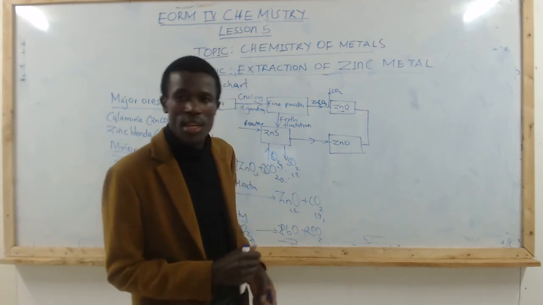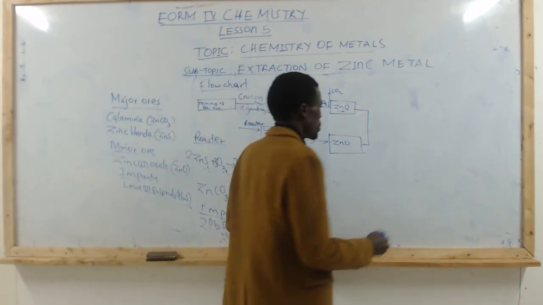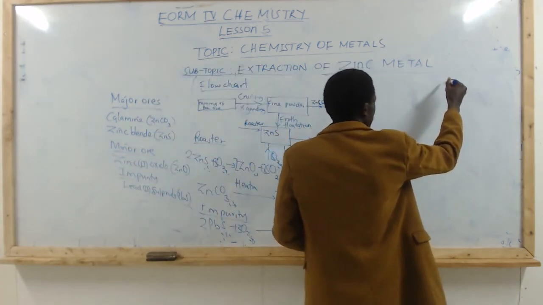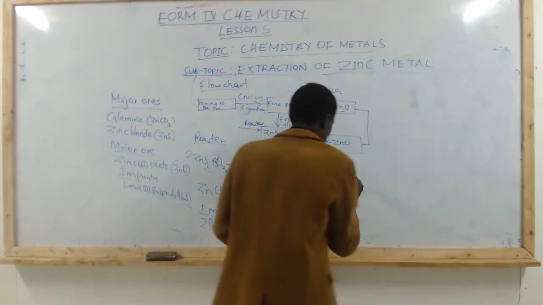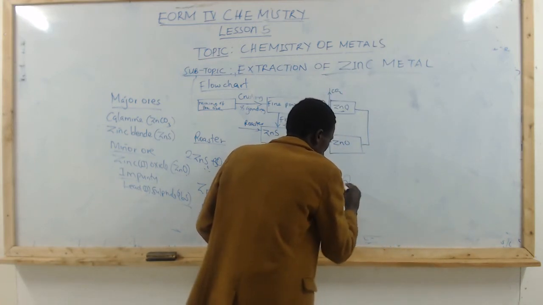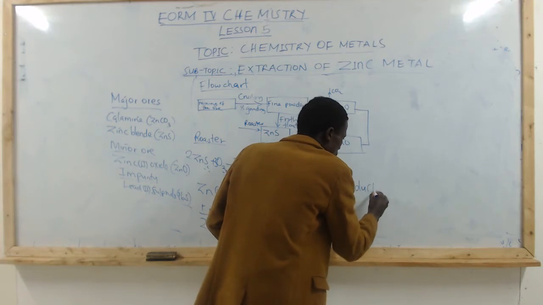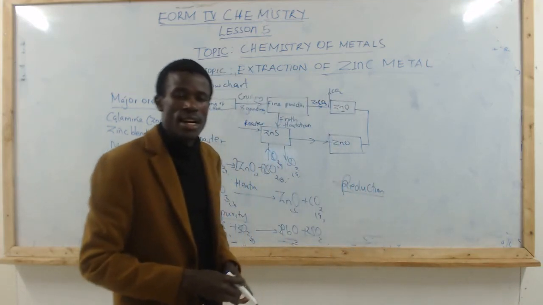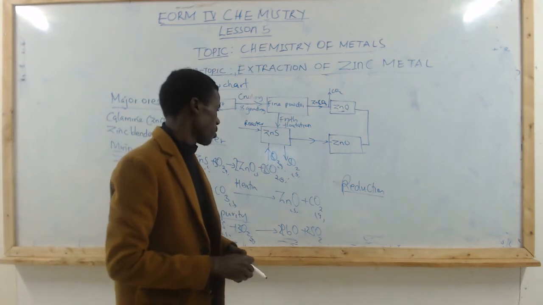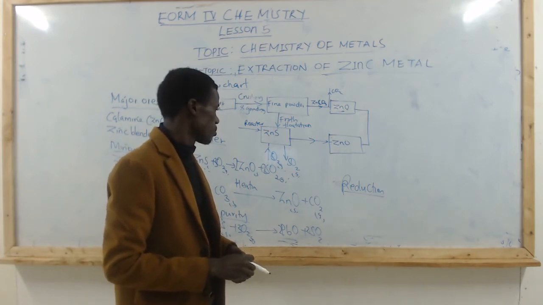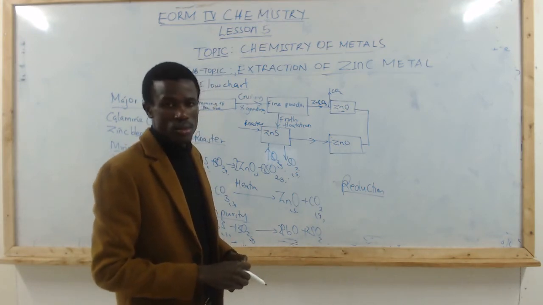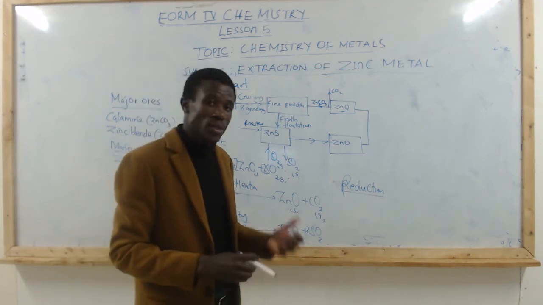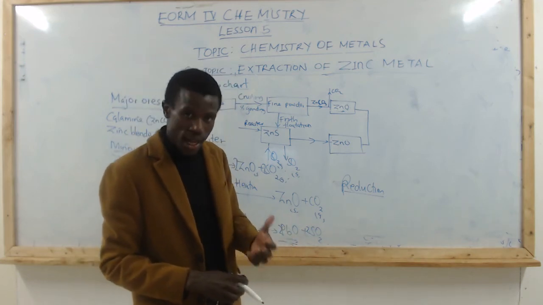Now, allow me to begin with the reduction process. In reduction, we use coke and limestone. Now limestone supplies carbon dioxide.